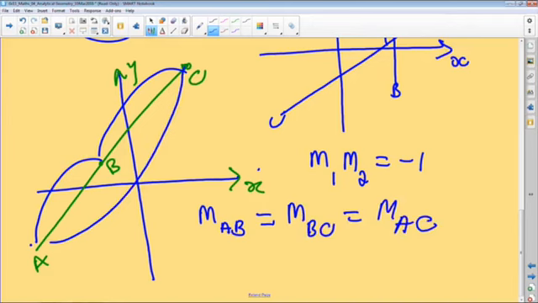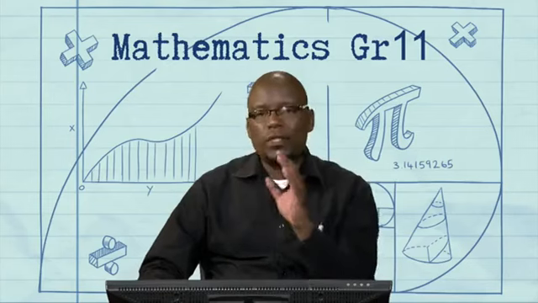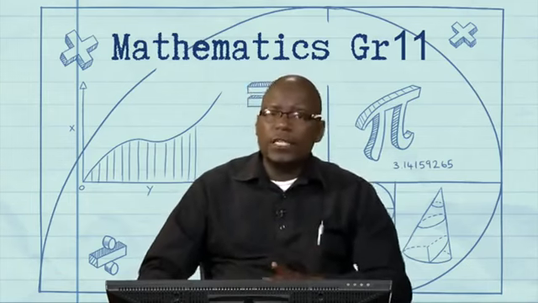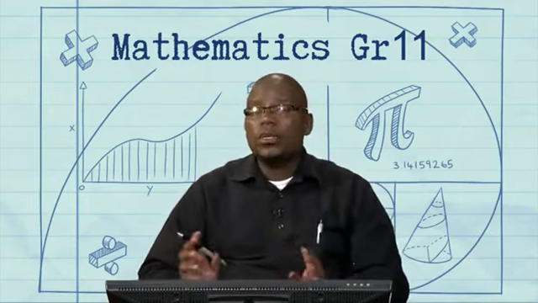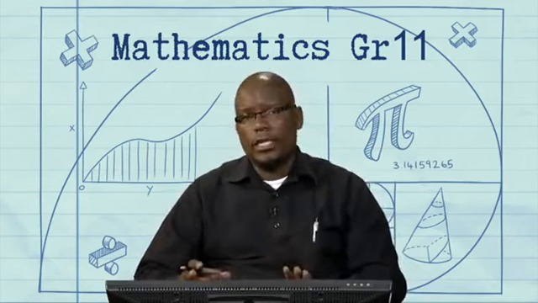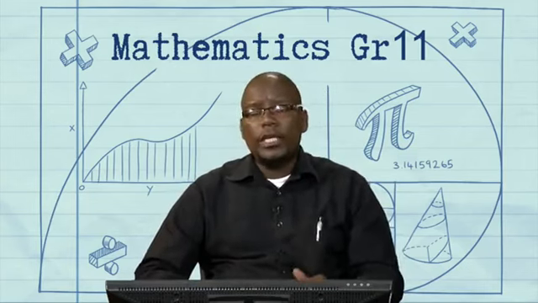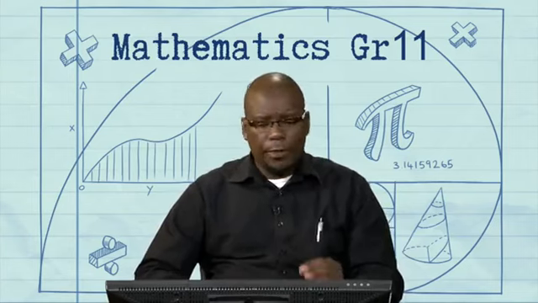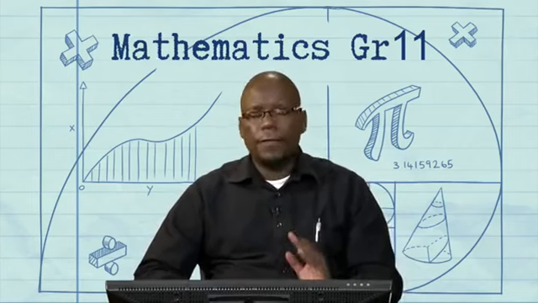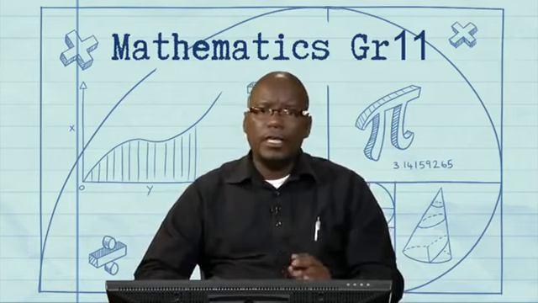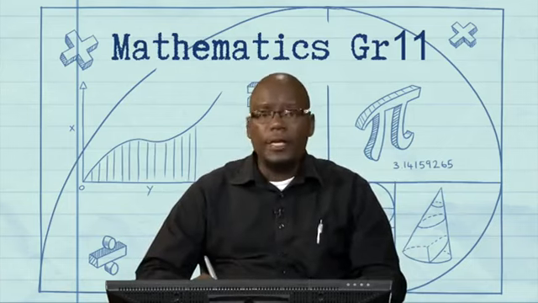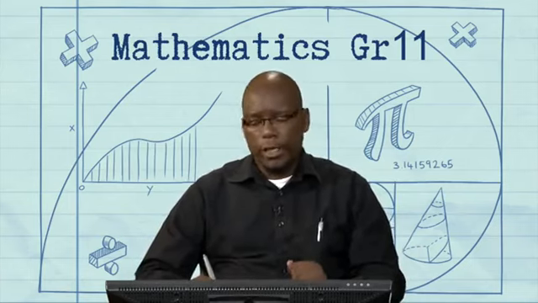So if I work out the gradient of AB to be a half, the gradient of BC to be a half, and the gradient of AC to be a negative half, it means that those points are not collinear. It's just a simple example. But if the gradient of AB is a half, BC is a half, and the gradient of AC is a half, then we conclude that those points are collinear.